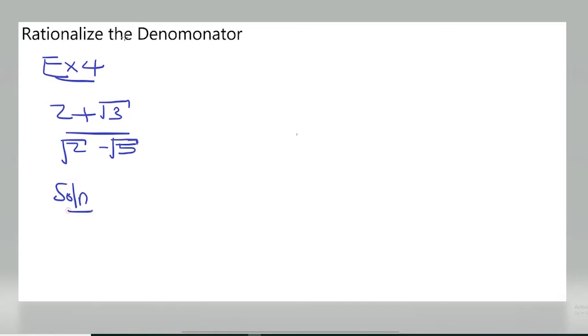Solution. Check this. I'm copying. This will be equal to 2 plus root 3 over root 2 minus root 5. Then multiply by the root of 2, which is the denominator. Here we have a subtraction.